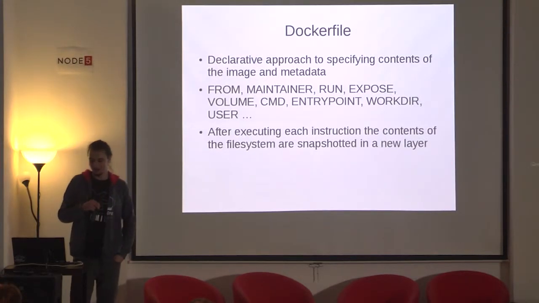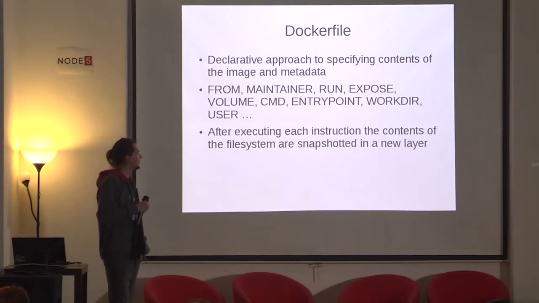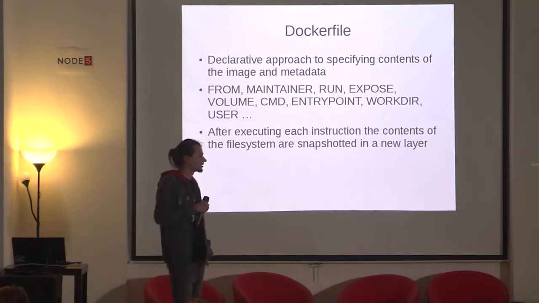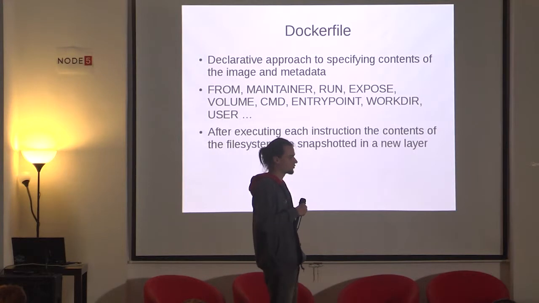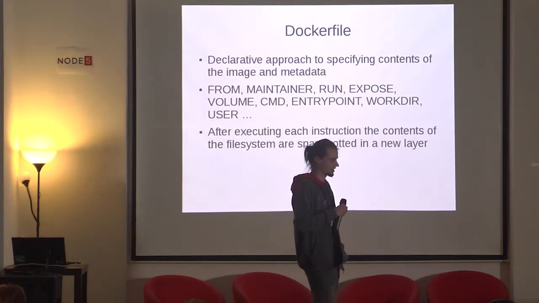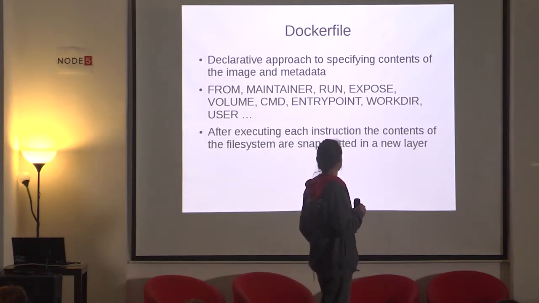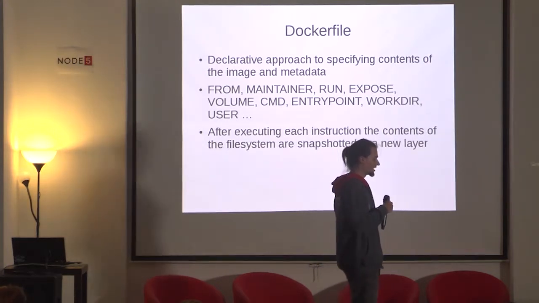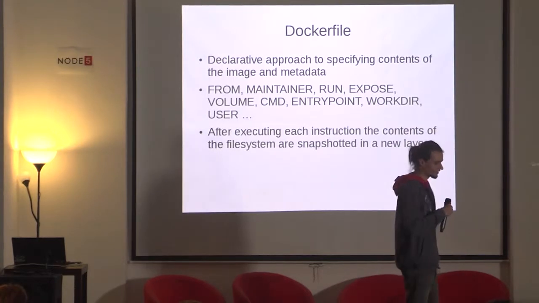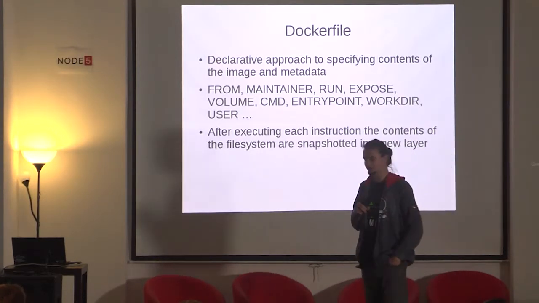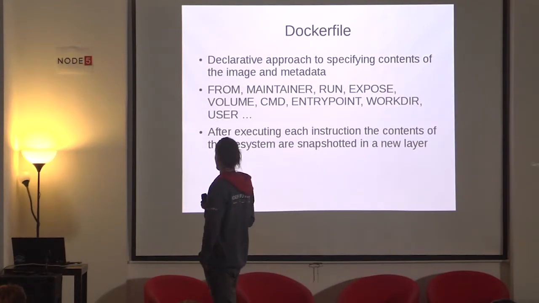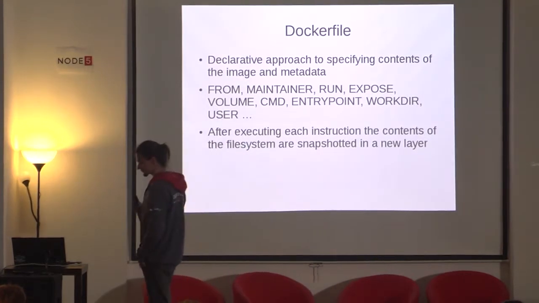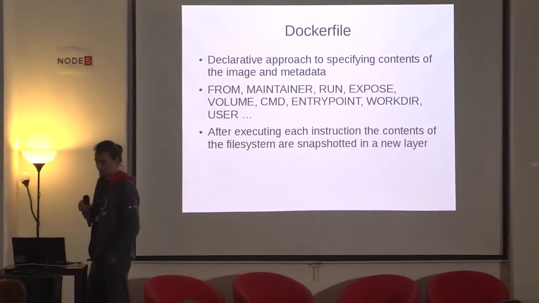So Dockerfiles. What is a Dockerfile? It's a declarative way to specify what should be in the image. Declarative means that when you open up a Dockerfile, you are going to realize that it is not JSON, it is not YAML, it's its own file format with special keywords.